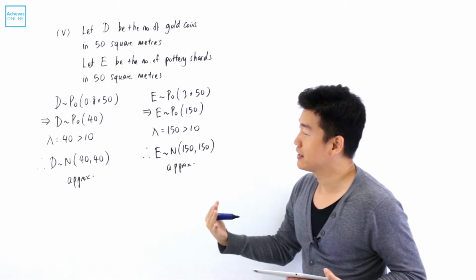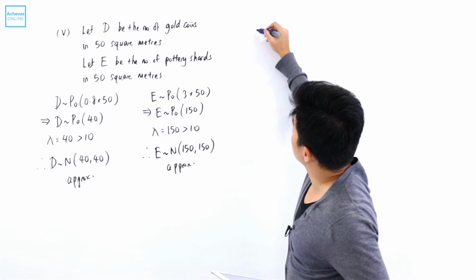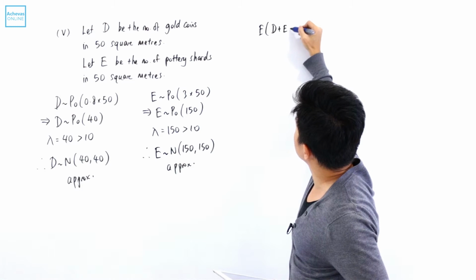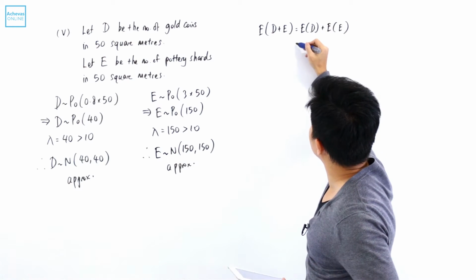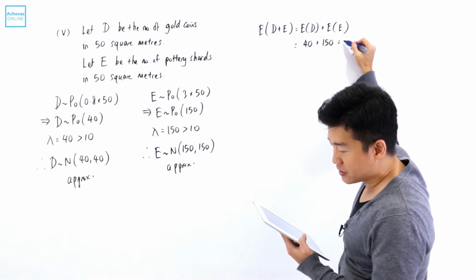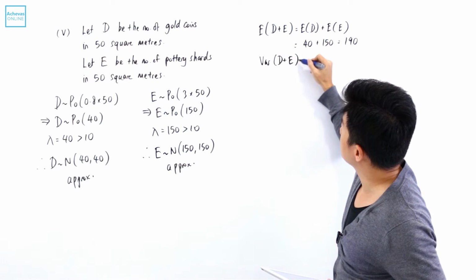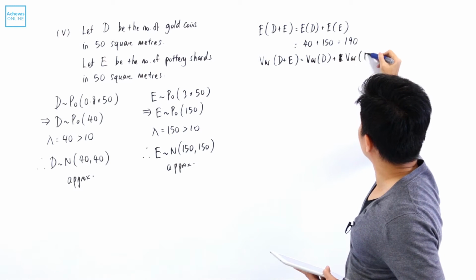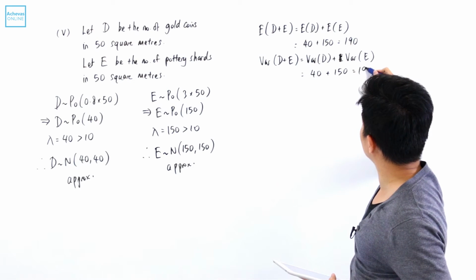Okay, so now I want to find another distribution that can take into account D plus E. Since there are normal distributions over here, I'm going to find the new expectation, which is the expectation of D plus E. This is the expectation of D plus the expectation of E, so this is going to be equal to 40 plus 150, which gives me 190. I also want to find the variance of D plus E. This is the variance of D plus the variance of E, and this is also going to be 40 plus 150, which is 190.